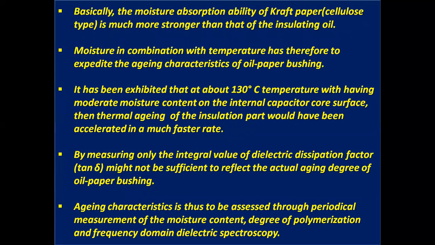Basically, the moisture absorption ability of kraft papers, that is cellulose type, is much stronger than that of the insulating oil. Moisture in combination with temperature therefore expedites the aging characteristics of oil paper bushings.